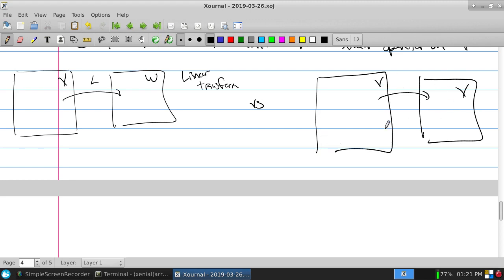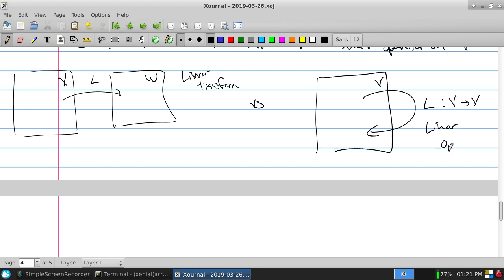Imagine that instead of having your domain and codomain in completely different locations, I take this entire space and say the transform looks something like this. So L goes from V to V, and we call that a linear operator. In other words, it stays within the same space.